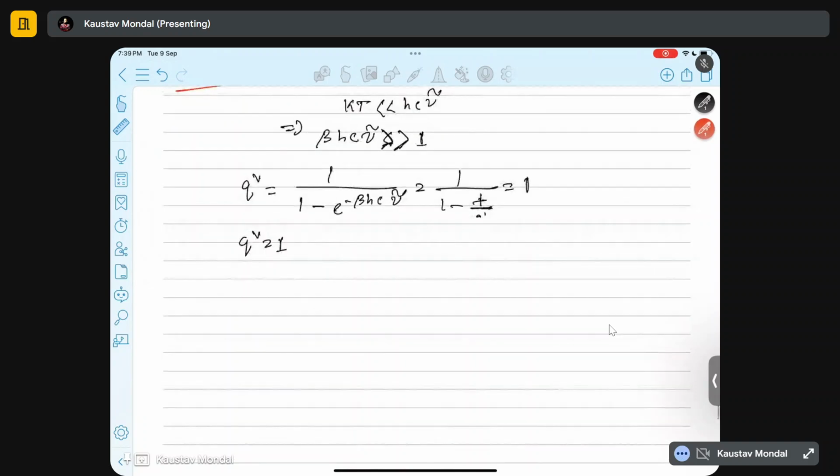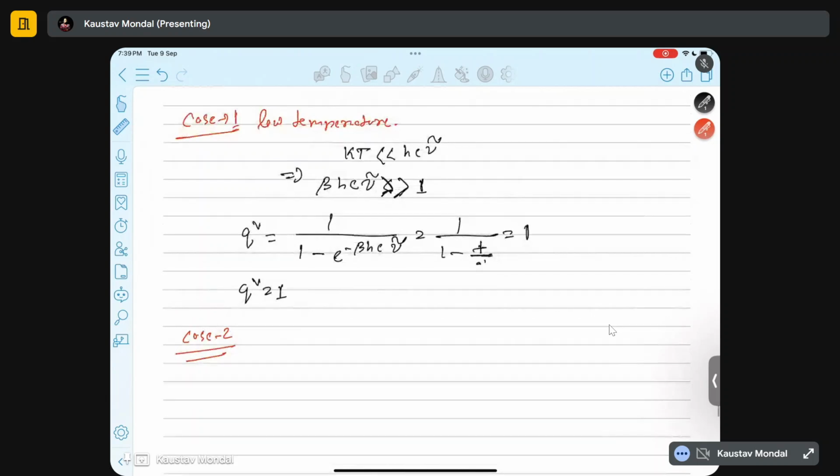For case 2, let's check high temperature.